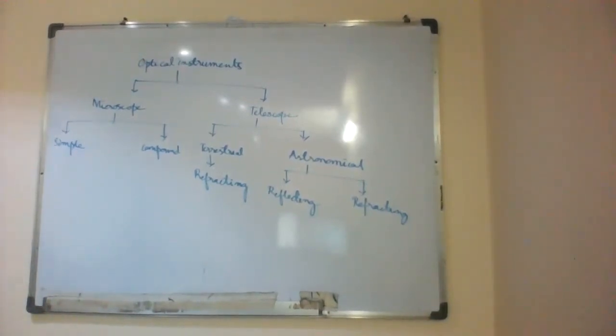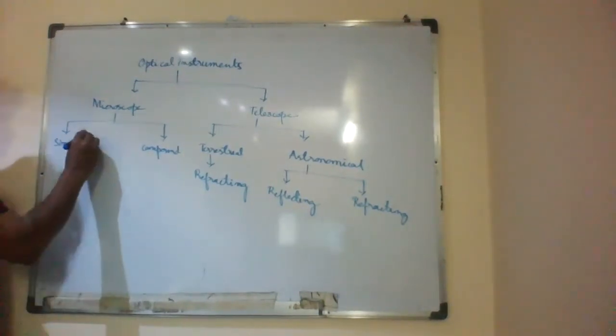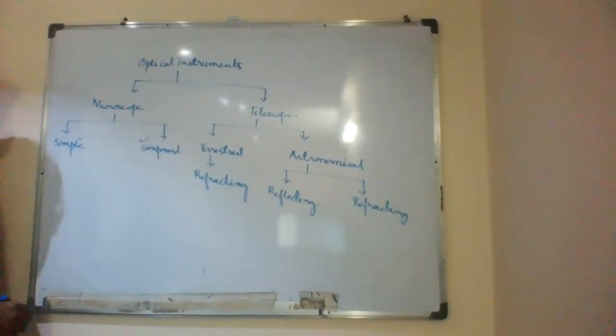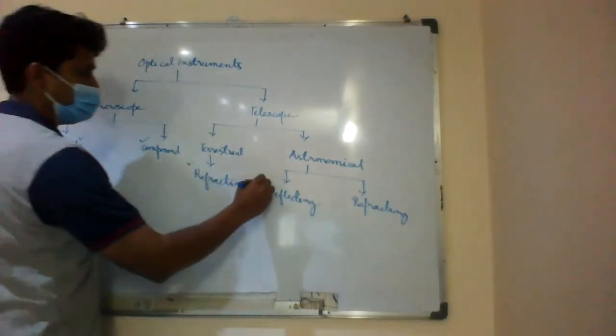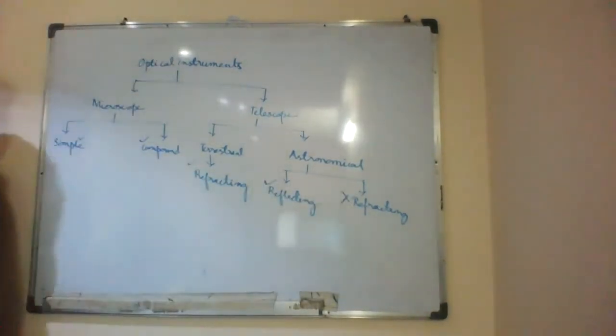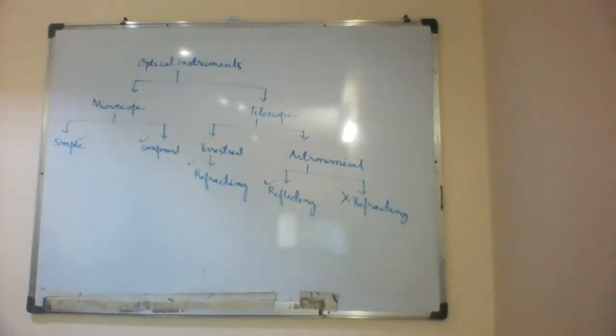But in our syllabus and textbook we have simple and compound. This is there, and this is not there in our syllabus. I think they have also deleted the terrestrial refracting. Just check.